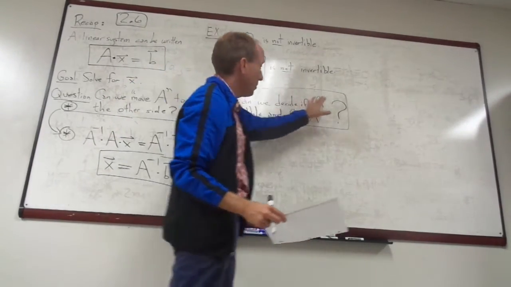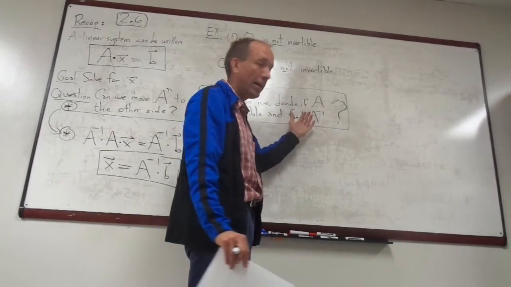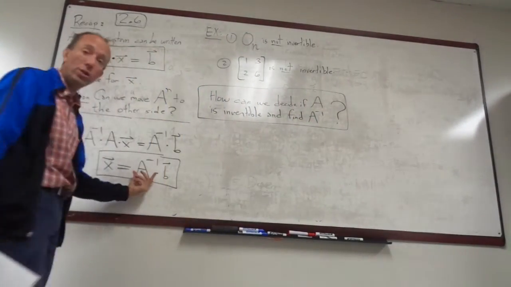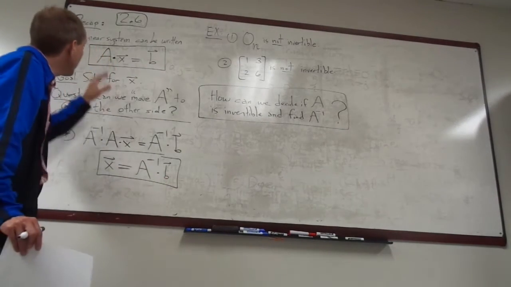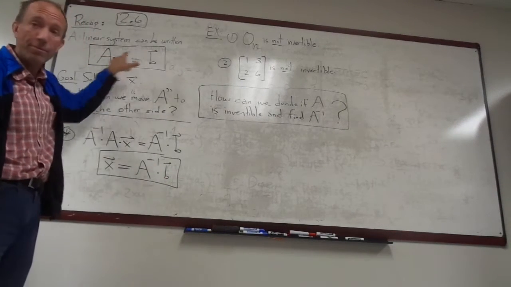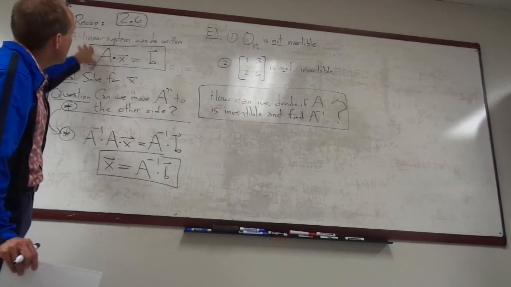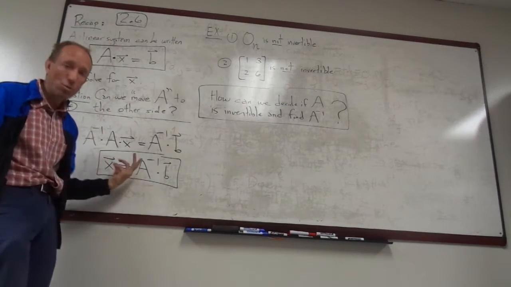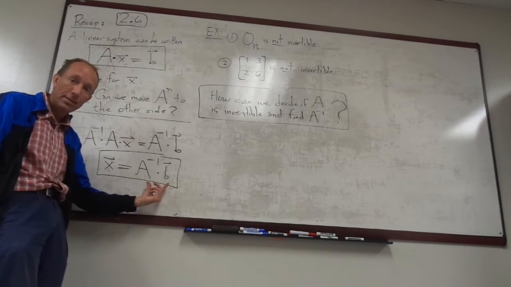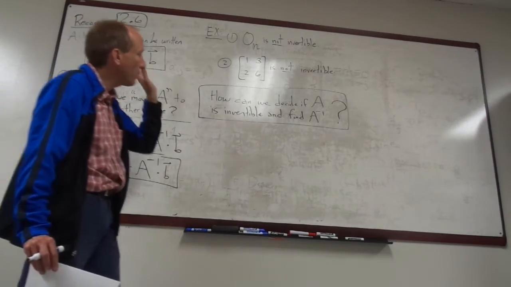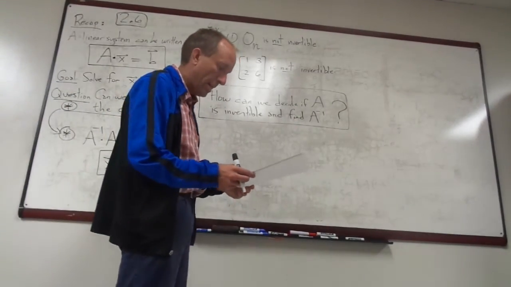How do we know if the matrix is invertible, and how do we find it? We see that it has a good use for us. If I have a linear system that I'm trying to solve for x, and the coefficient matrix is invertible, it's going to be great for helping us solve for x, right here. But the question is, how do we know if we even have that inverse?